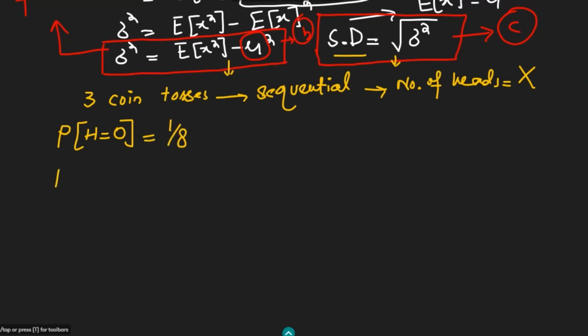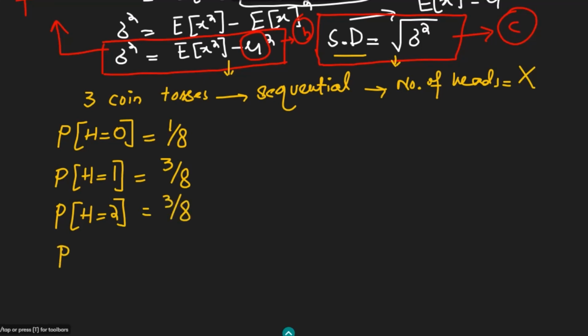The probability that the number of heads is 1 is 3 by 8. The probability that the number of heads is 2 is 3 by 8. And similarly the probability that the number of heads is 3 is again 1 by 8. So this was the overall scenario: for 0 we have 1 by 8, for 1 we have 3 by 8, for 2 we have 3 by 8, and for 3 we have 1 by 8.